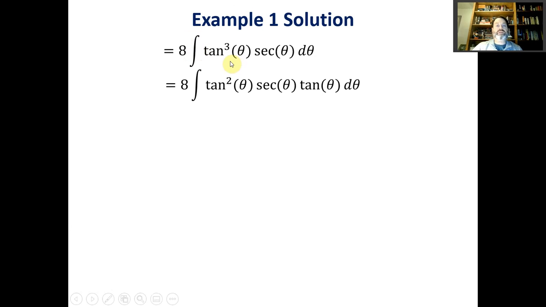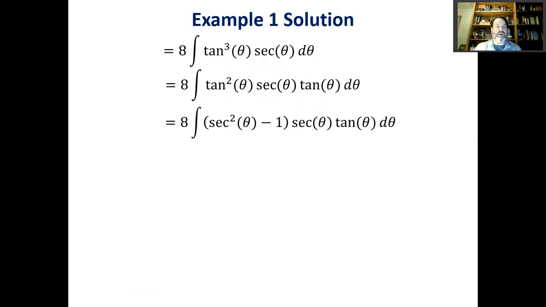And in section 7.2, we saw how to solve this. If you have odd powers of secant, you pull out a secant tangent, right? So here we just have one secant, so it's already out. But we take one more tangent and bring it out. Then those tangent squareds turn into secant squareds minus 1.